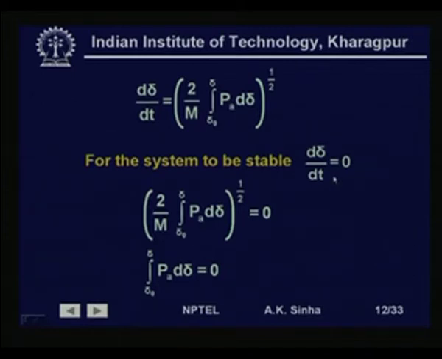Now, we have seen that for the system to be stable we must have dδ/dt equal to 0 at some point. Using this criterion we can write that [(2/M) ∫ from δ0 to δ of Pa dδ]^(1/2) must be equal to 0, since this is dδ/dt, and this must be 0 at some angle δ.